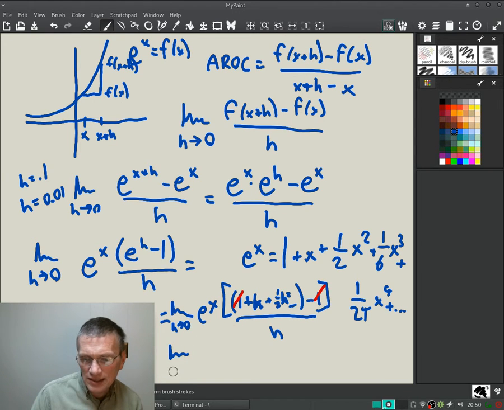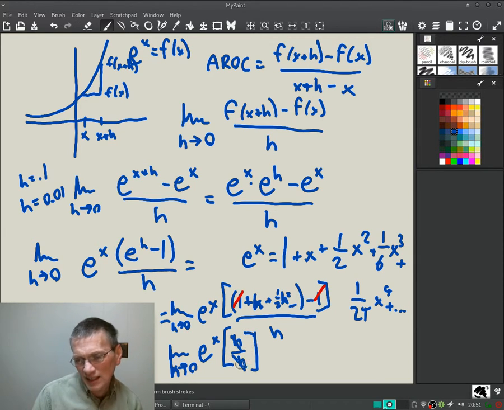So the limit as h goes to 0 of e to the x times h over h, that simplifies. These cancel out, and they are the same thing.